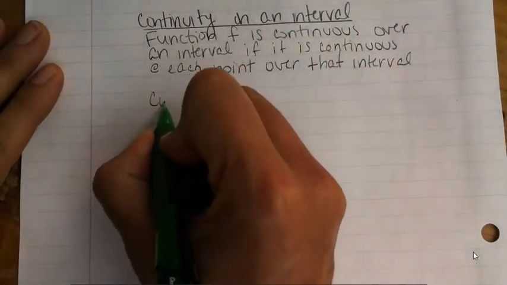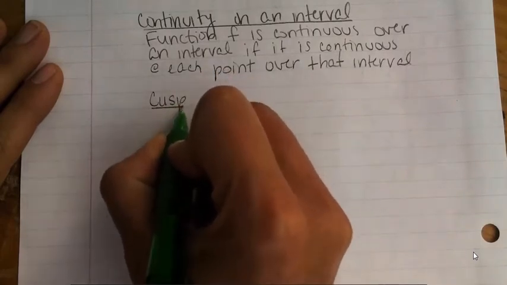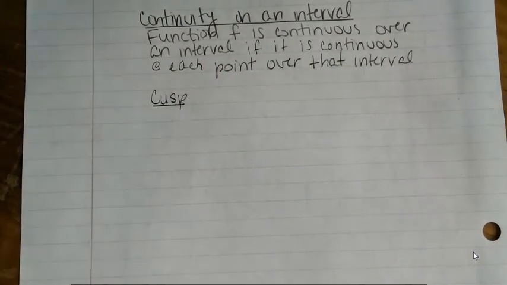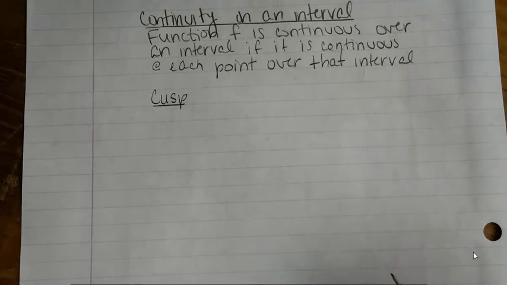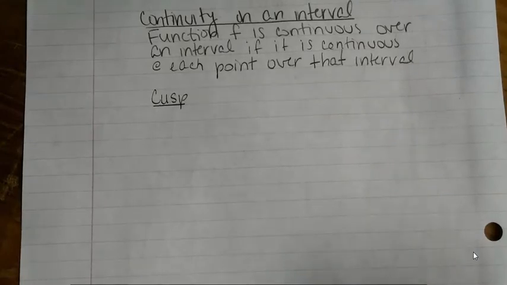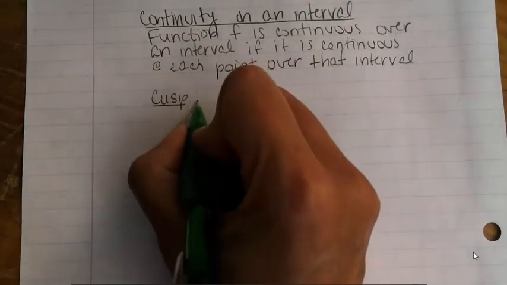I told you we would go back and define what a cusp is. So a cusp is a sharp point or abrupt change in direction.